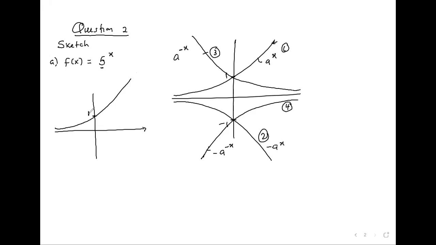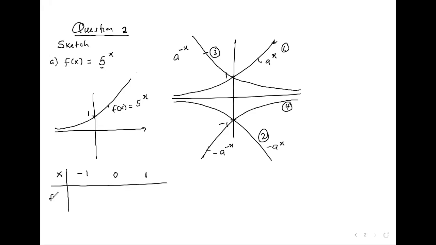We don't need so many points. This is f of x is equal to 5 to the power x. Now, what happens if you forget the family shape? You can't remember that this goes like that. You pick simple numbers like -1, 0, and +1 as your x values.